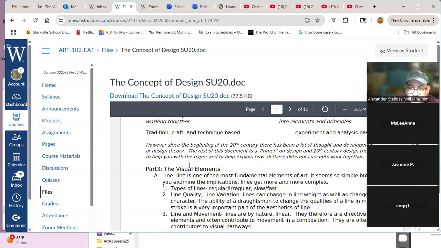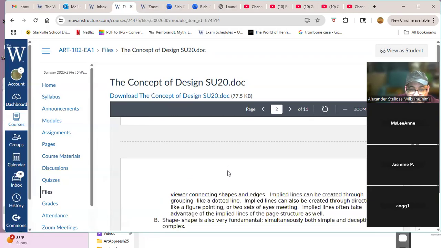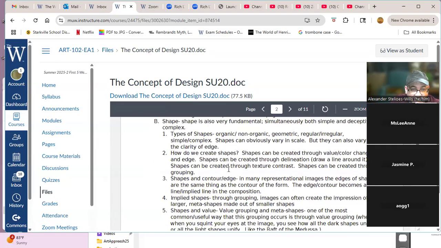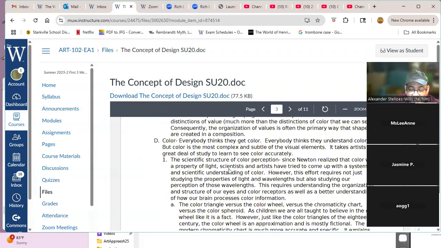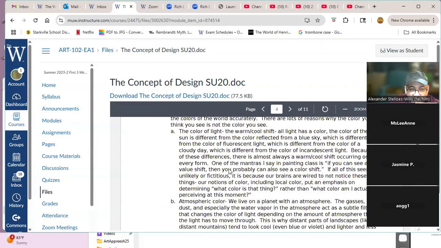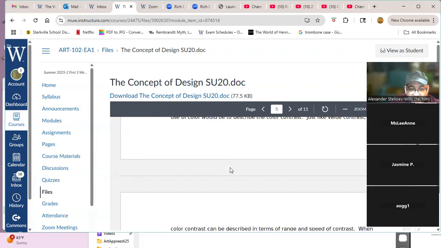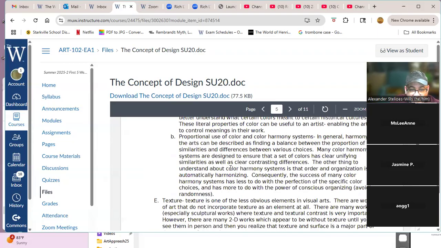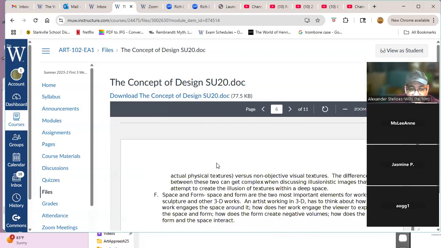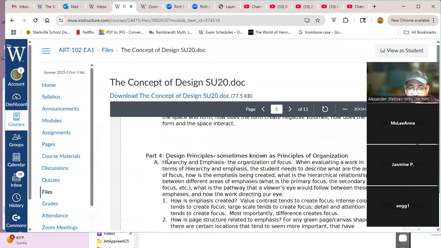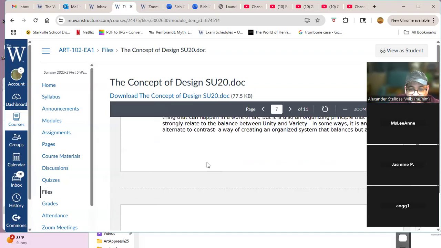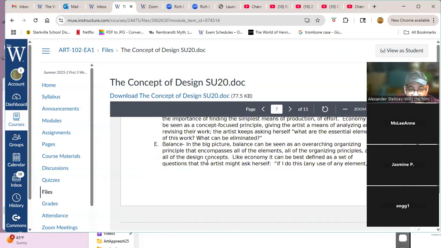And then part three is where we really start, and that has the visual elements: line, shape, value, color. You can see there's a lot about color, texture, space, and form. And then the design principles, once again, all the same things.